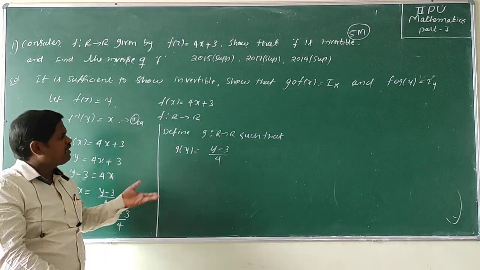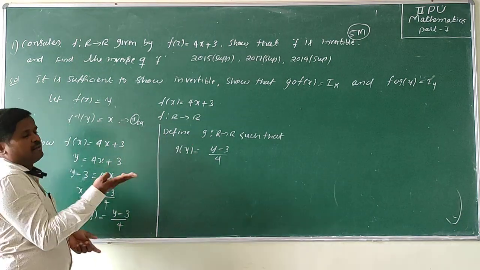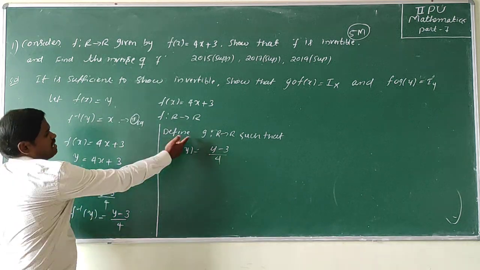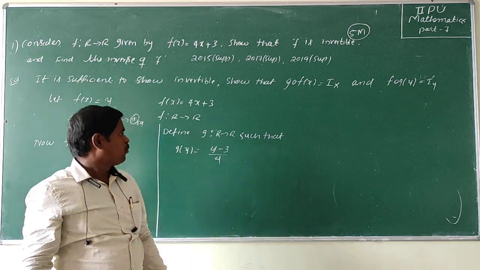We are defining another function g; instead of writing f inverse of y, we are taking g. So g is a function from R to R such that g of y is equal to (y minus 3) divided by 4.